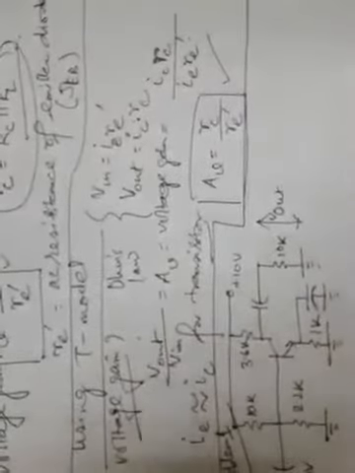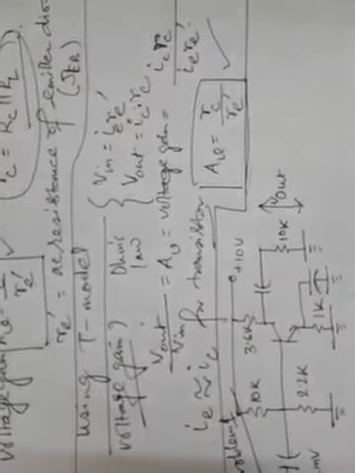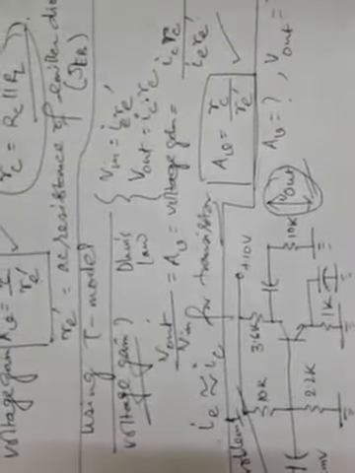We will see how to solve this circuit for voltage gain. You need to find the voltage gain and the output voltage across the load resistor. That means this Vout you need to calculate, and also the value of AV. From the diagram, you can understand it is the common emitter amplifier using VDB, voltage divider bias.